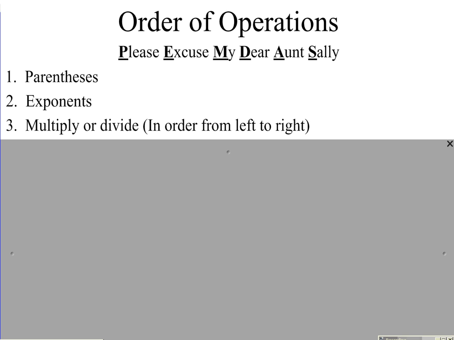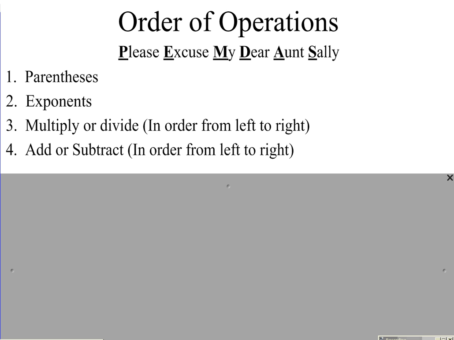We will not necessarily always multiply before we divide. We look at all the multiplication and division together, and we do it in order from left to right. Fourth and final step is to add or subtract. Again, it does not necessarily mean that we're going to add before we subtract. We're going to look at all the addition and subtraction together, and we're going to do it in order from left to right once again.